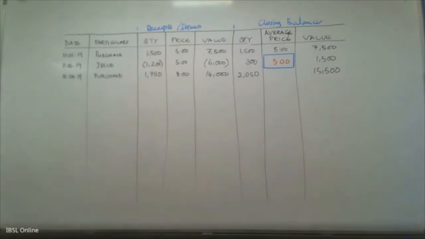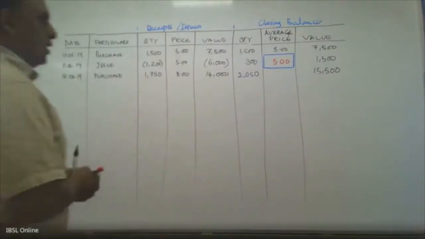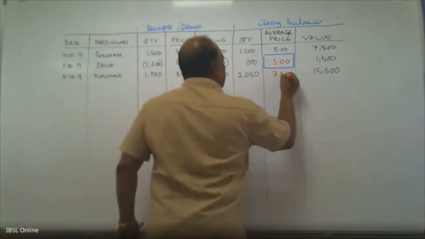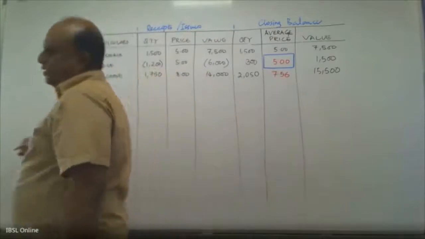So now you have to calculate 15,500 divided by 2,050. What is the value that you will get? You will get 7.56.